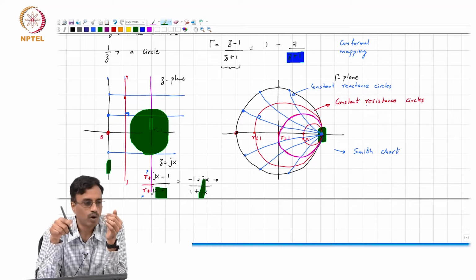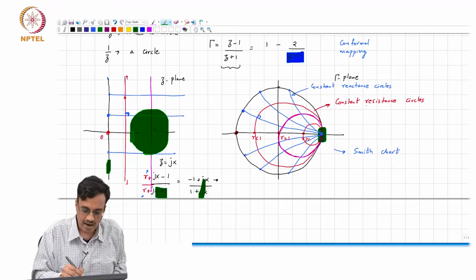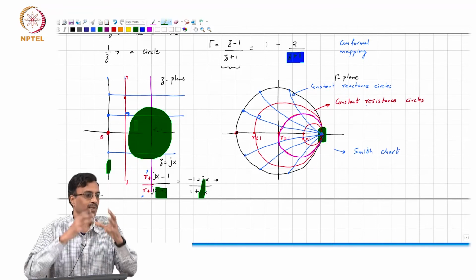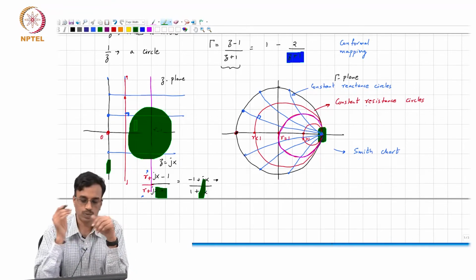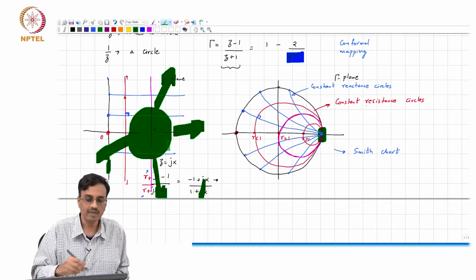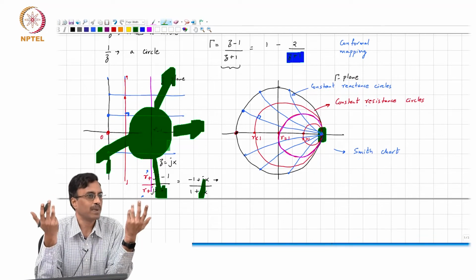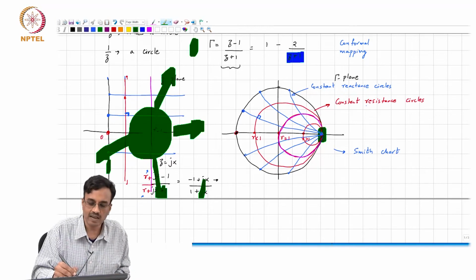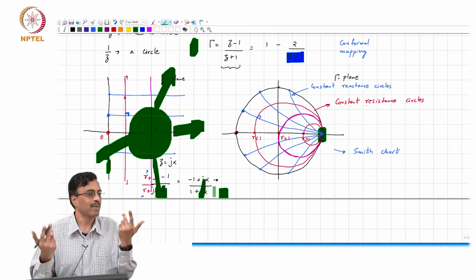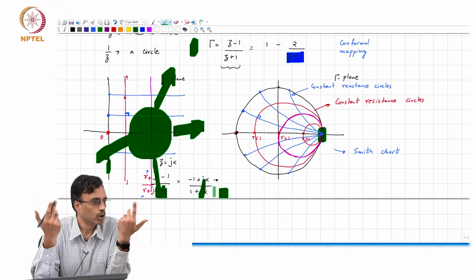So a more convenient thing is a chart where this area is dedicated a lot more space, and the farther you move away from that area, the less important it is. Whether your impedance is here or here hardly matters, because the reflection coefficient is 1 in both cases.